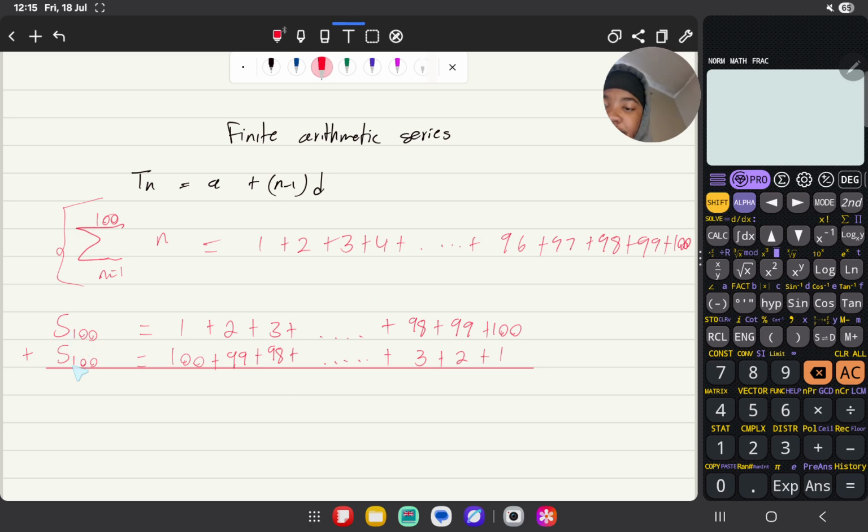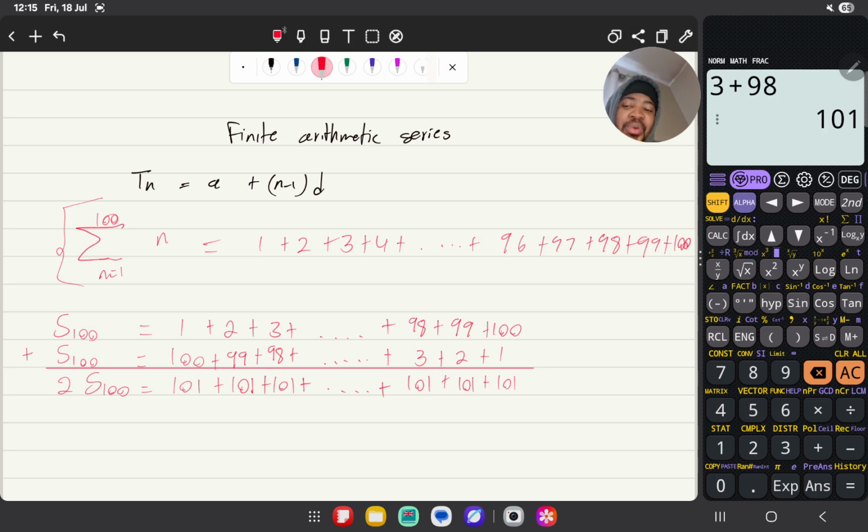Adding these two, I end up with 2 S100, and here I have 101 plus 101 plus 101. Let's just check, just to be happy. What do you see here?